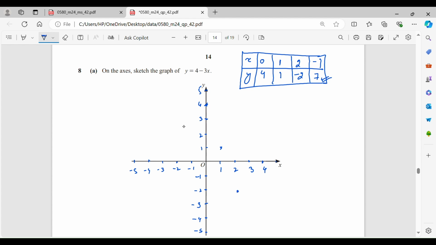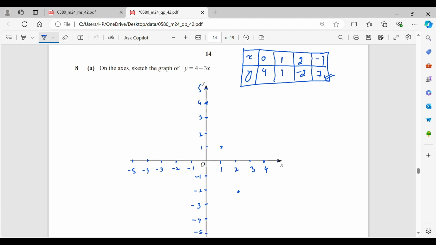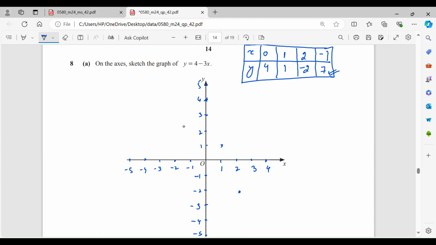So let's join them. Yes, it is coming in a straight line. Right?